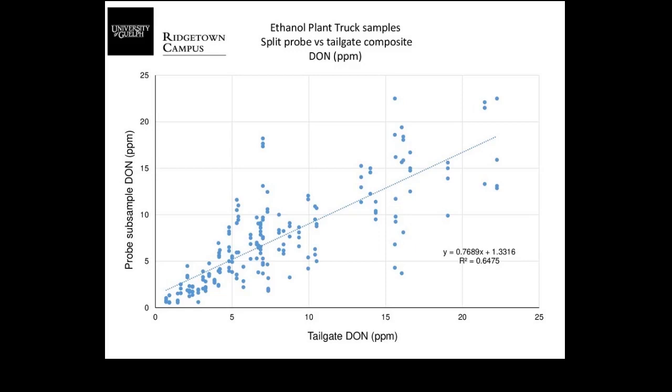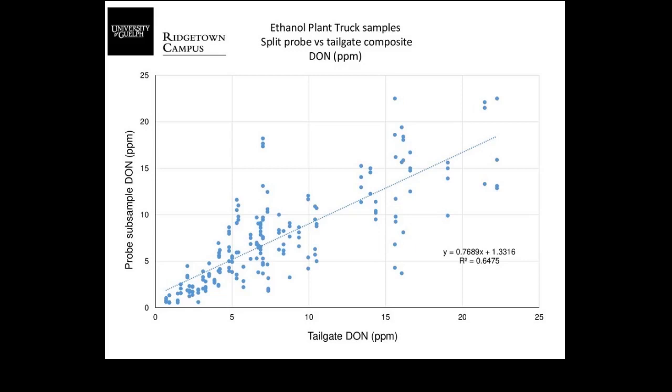And then we ground each one of those 4 samples, and then we tested. And this particular graph shows the result of the comparison of the tailgate sample on the bottom axis and the probe sample divided into 4 on the vertical axis.